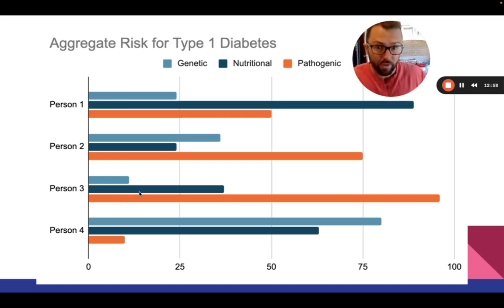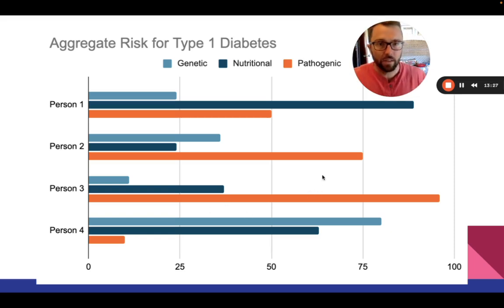They have some nutritional holes, but from a pathogenic standpoint, they are loaded with viruses, bacteria, parasites that are really, really opening them up to diabetes. You could look at it any different way. Person 4, genetics, he's a mess. So it wouldn't really matter even if he didn't have any parasites or bacteria, or if he did have the perfect diet, he's still developing diabetes.